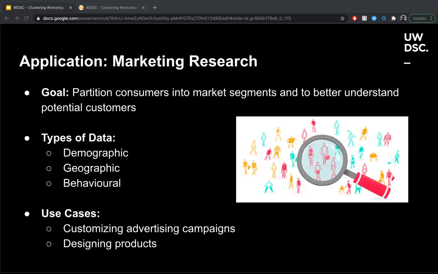A very real example, one that an exec gave to me that I really liked, is if you had the heights and weights of some consumers and you wanted to make 3 t-shirts that were best suited for your consumers based on this data.